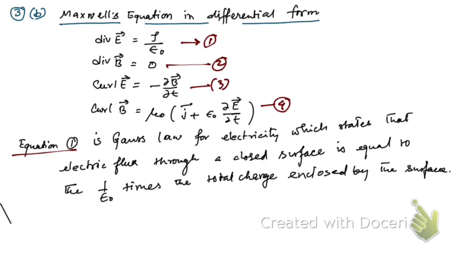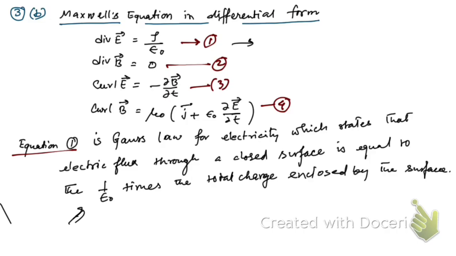right? Actually, when you write this equation in integral form, we get integral E dot dS equals q by epsilon naught. q is the charge enclosed, and this represents electric flux. So if you write this in differential form, instead of charge we write charge density, right? Hope you have understood this. So this is the statement of Gauss's law in electrostatics.